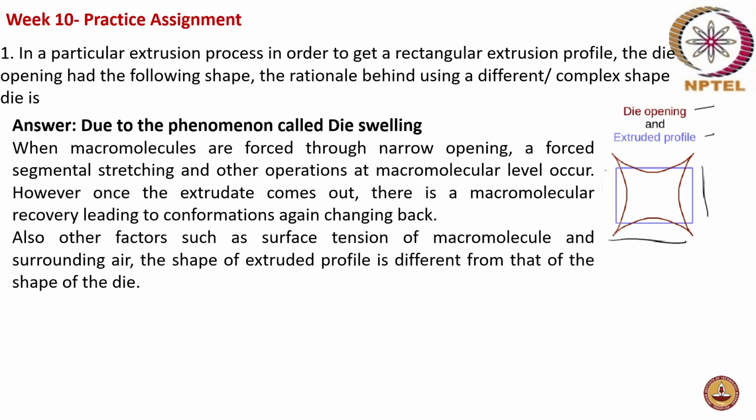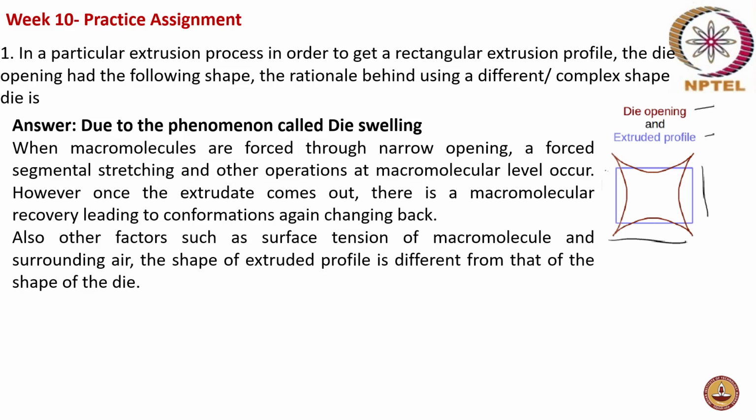Because we have already seen that macromolecules are viscoelastic, there is a recovery due to the inherent elastic nature of the macromolecules. This is one of the major reasons behind using a complex shape. There are also other factors such as surface tension of the macromolecule and surrounding air.